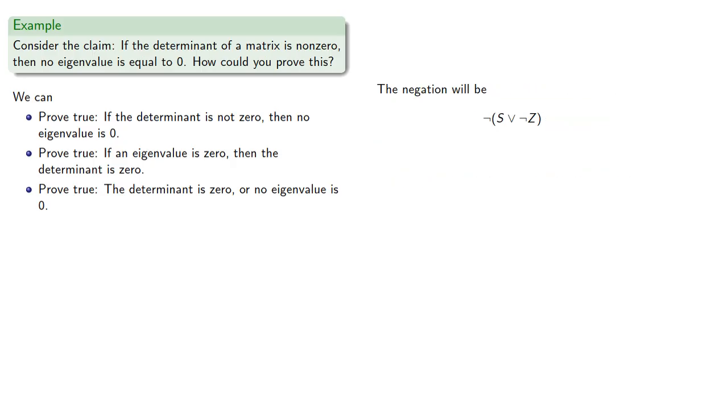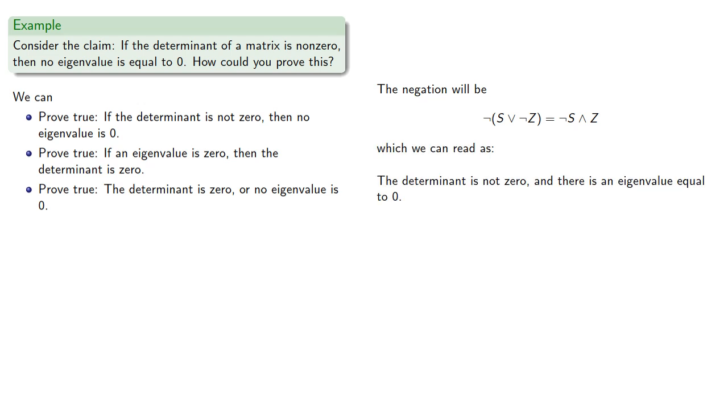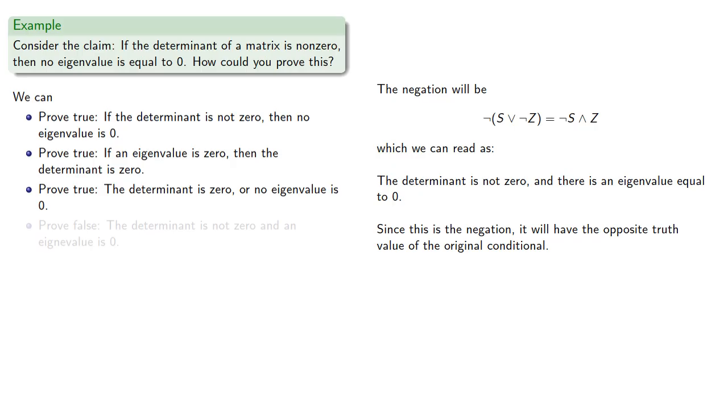Finally, we can look at the negation of the disjunction, which we can read as the determinant is not 0 and there is an eigenvalue equal to 0. Now, since this is the negation, it will have the opposite truth value of the original conditional, and that means we can also prove false, the determinant is not 0 and an eigenvalue is 0.